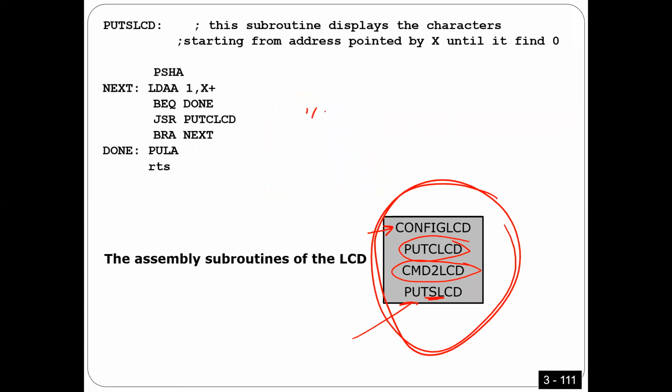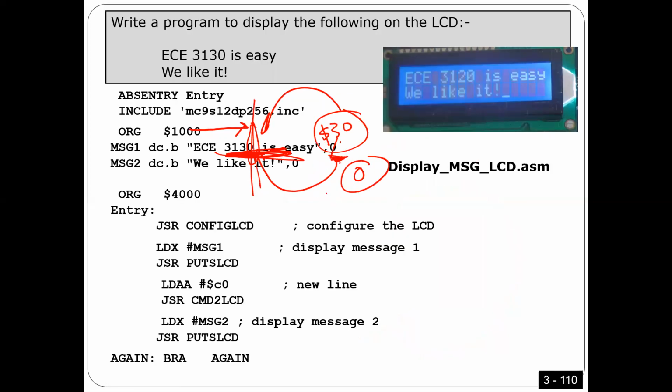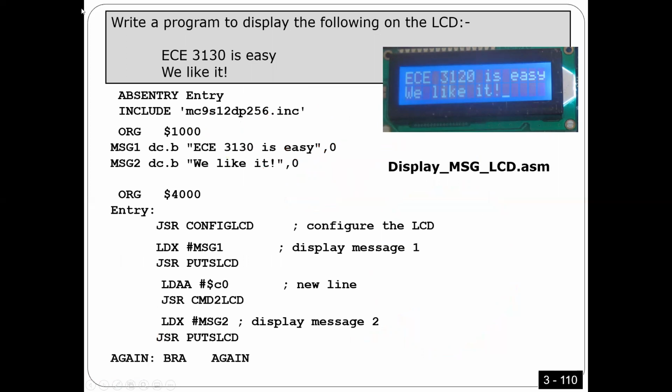Because 0 is in quotation here. And if you want to display number 0, you have to send 30, not 0, because the ASCII of 0 should be 30. Yeah, that's a very good point. So that means this 0 here, I'm not going to make confusion with this 0, because this one is going to be 30.